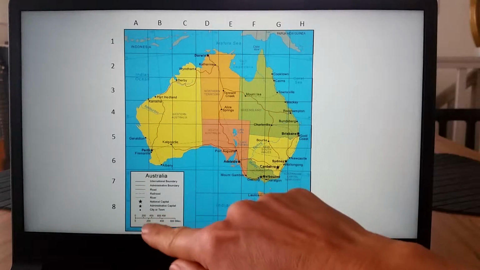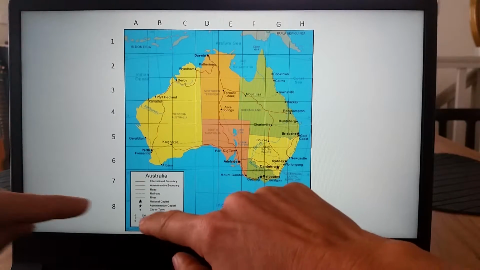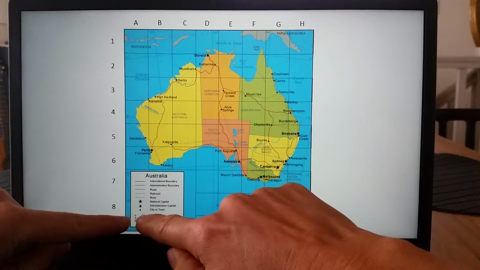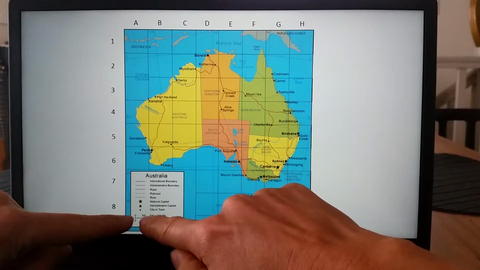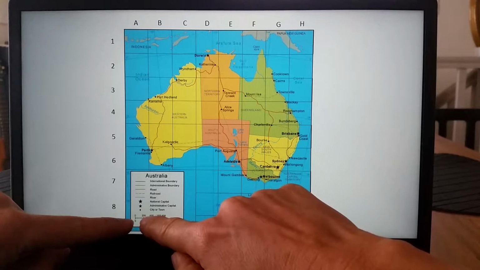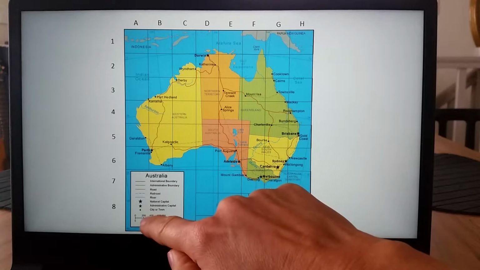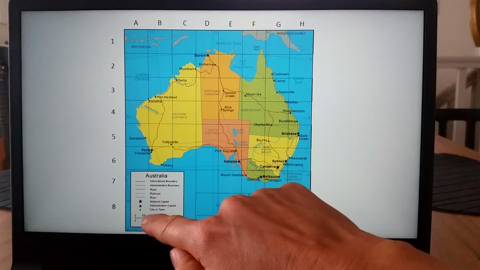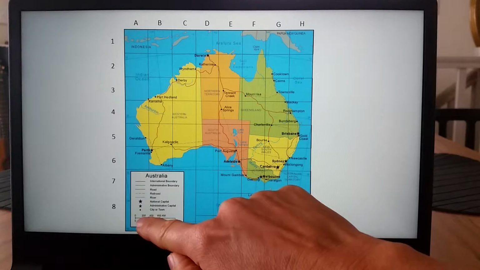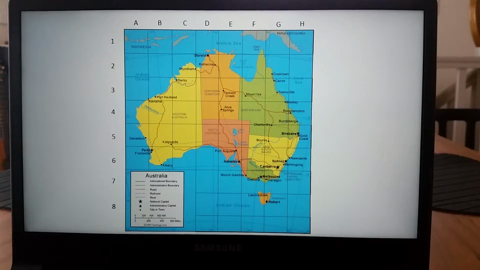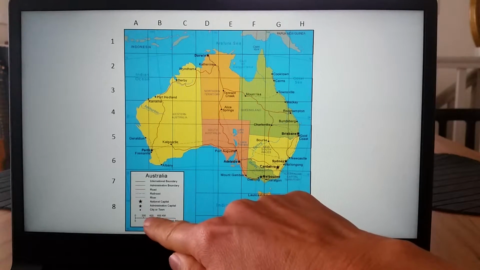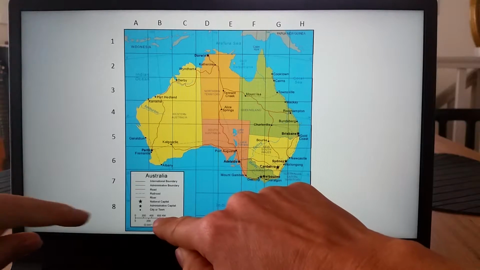So this scale here is telling us that on the map, a distance of 200 kilometers is that far from that marker at 0 to the marker at 200. That on the map is 200 kilometers. We can see where 400 kilometers is and 600 kilometers.